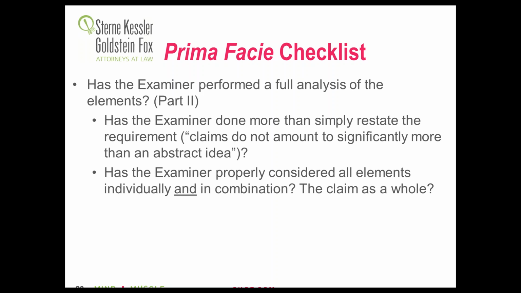There are these other elements in the claim that the examiner hasn't really considered and hasn't articulated a basis for that rejection. So you need to hold the examiner accountable to that. And also, has the examiner properly considered all of the elements individually and in combination? Has the examiner considered the claim as a whole? All of this is laid out in the interim guidelines, and so you need to consider whether the examiner properly followed this in making their rejection.